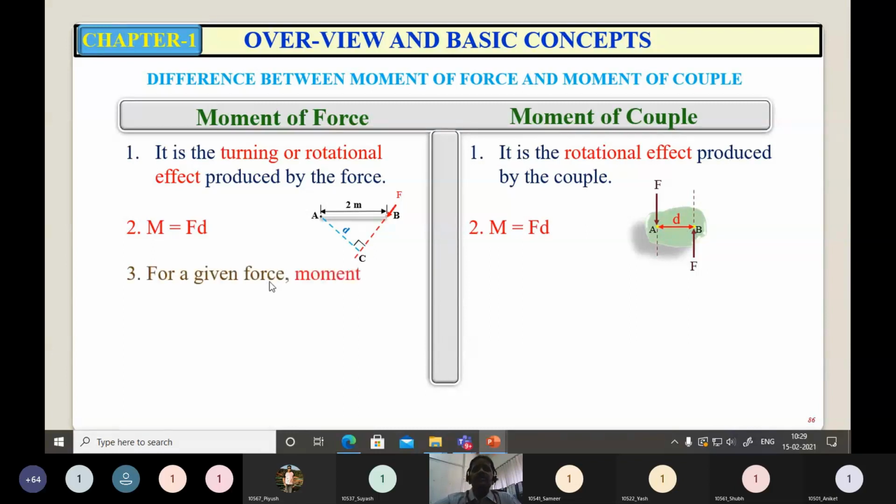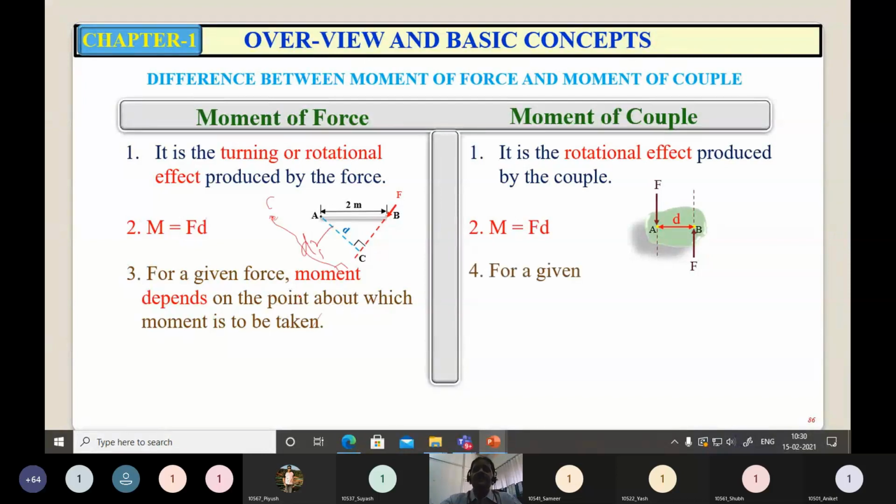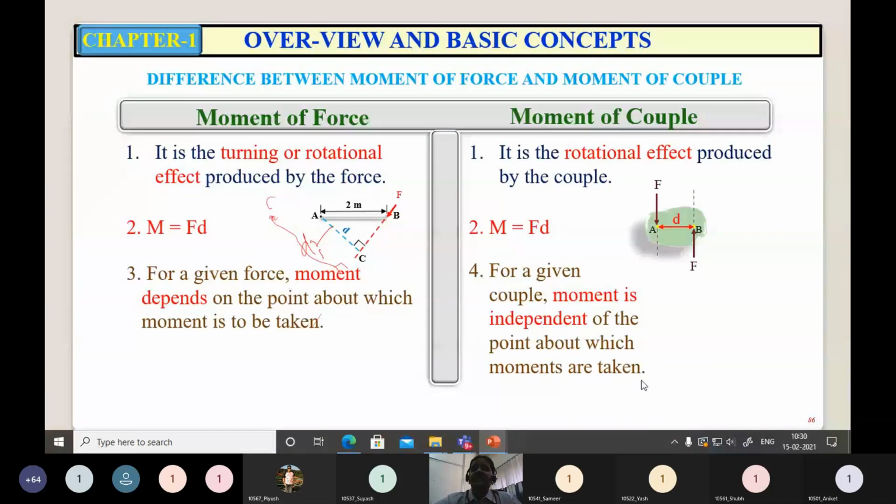So for a given force, the magnitude of moment depends on the point about which the moment is to be taken. In the case of a couple, for a given couple, the moment is independent of the point about which the moments are taken. This we have seen in the previous example.